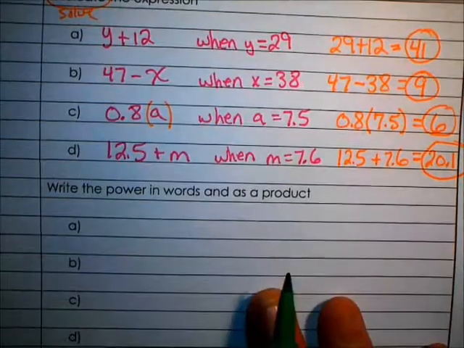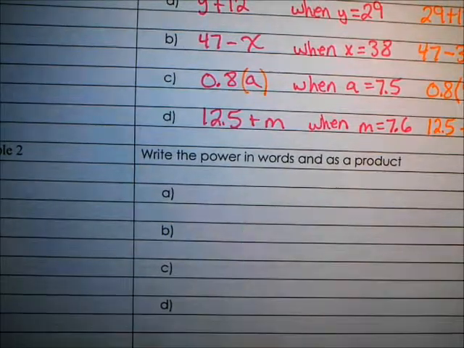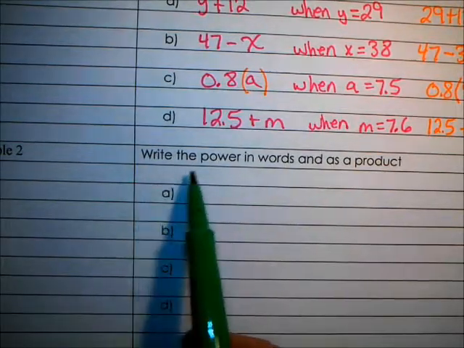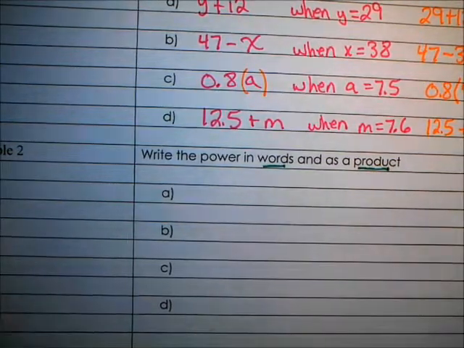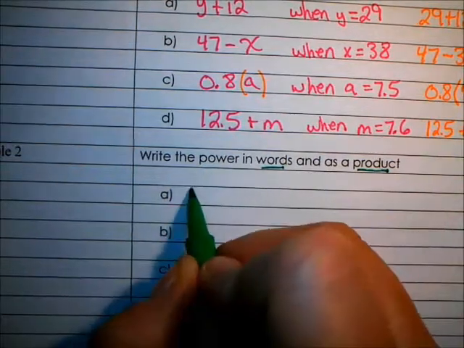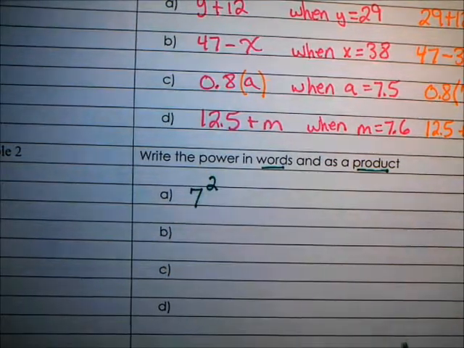Okay, on the second example here, we have 4 sample problems, but what we're going to do is write the power in words, and then we're going to write them as a product. So if I take the first one, this is going to be 7 to the, with a little 2 as an exponent.